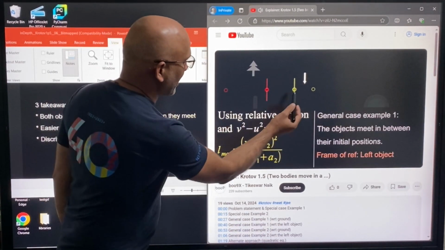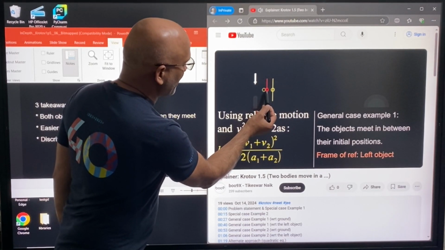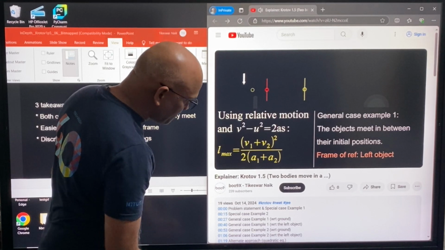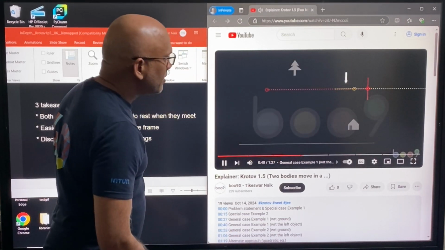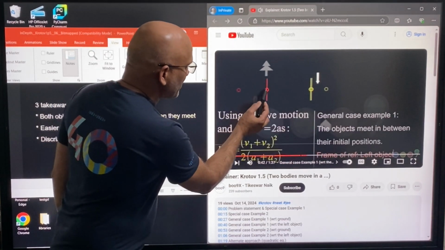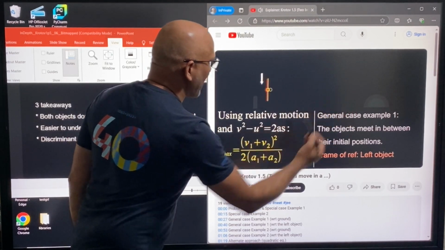Here you can see I have the red as my frame of reference, and as you can see, let me do it again. From this frame of reference, this always comes, meets, and goes back, right?